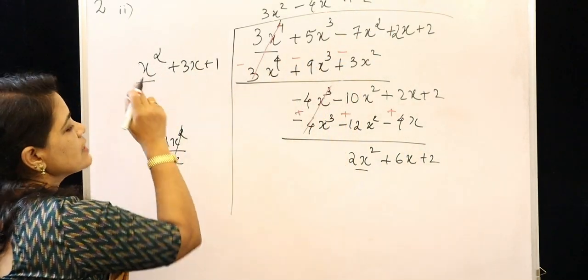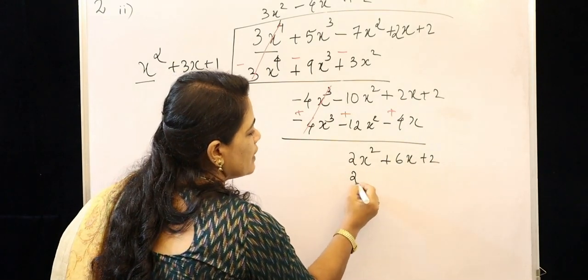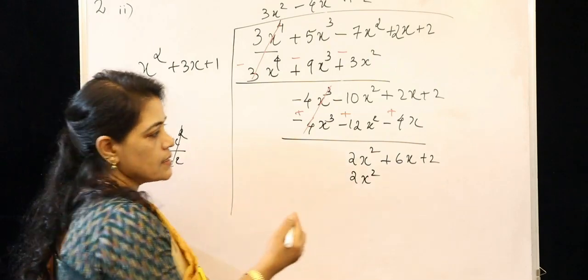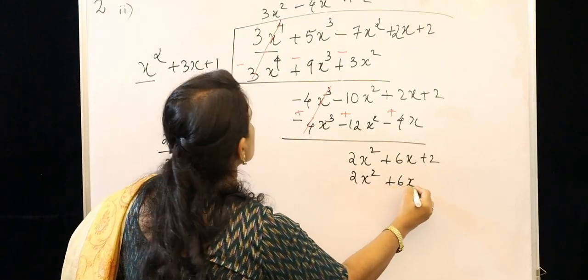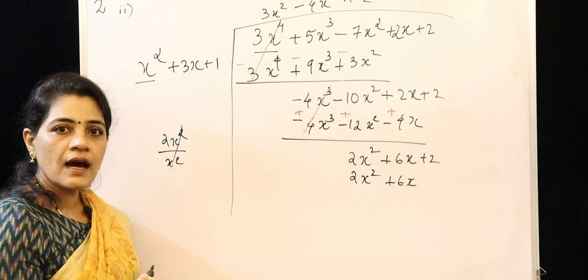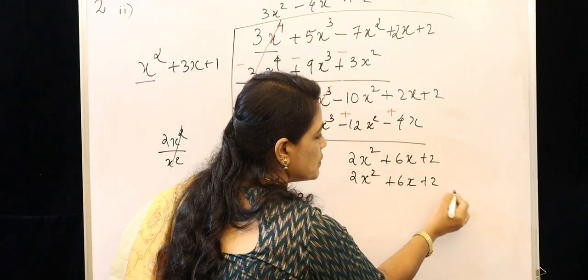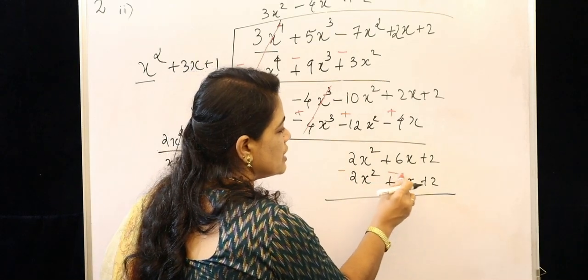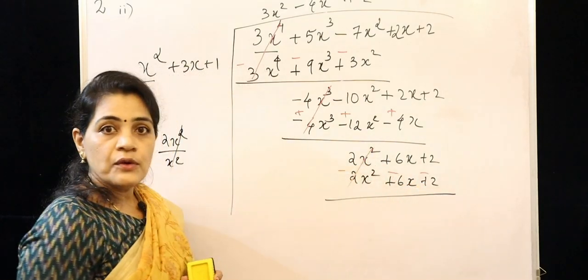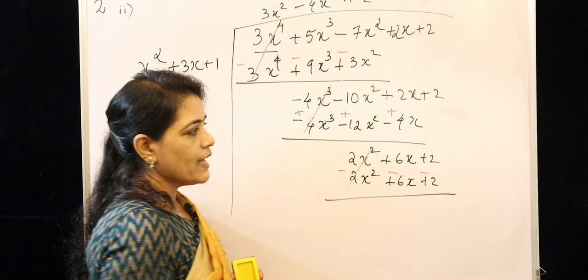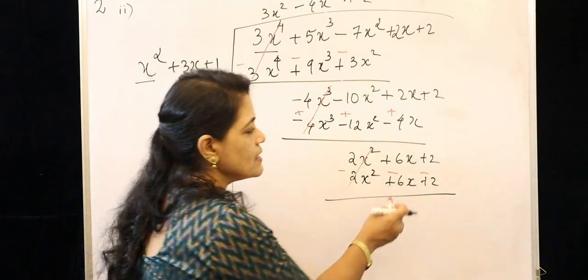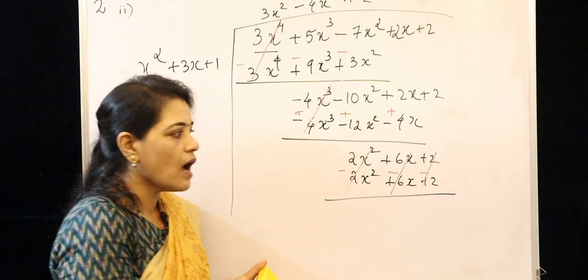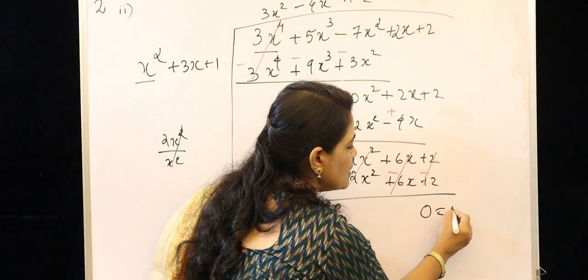So 2 into x square, 2x square, 2 into 3, 6x, and 2 ones are 2. We can change the sign and we can add. 2x square and 2x square get cancelled, 6x and 6x get cancelled, plus 2 minus 2 get cancelled, hence we have remainder 0.